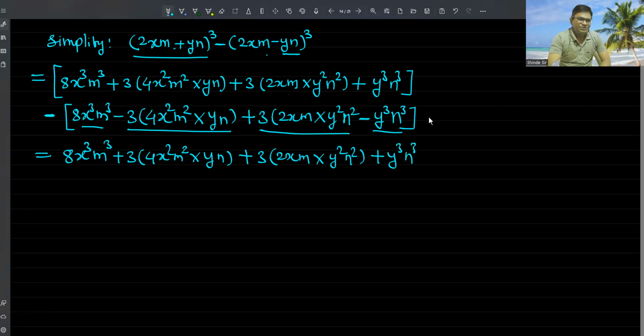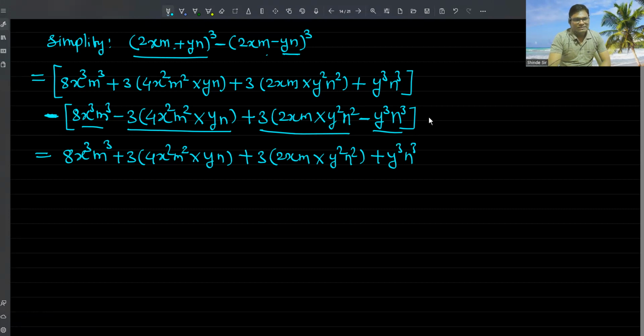Now this negative sign or negative one will distribute between all these four terms. So I'm going to write the result when we multiply this bracket with the negative sign or -1.